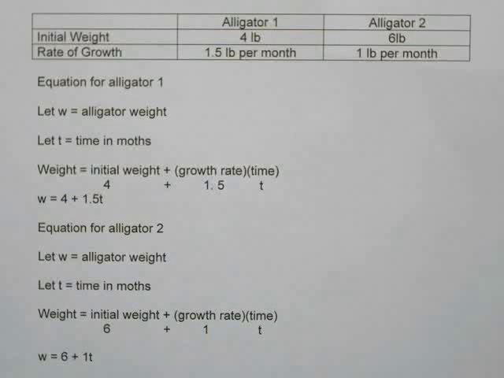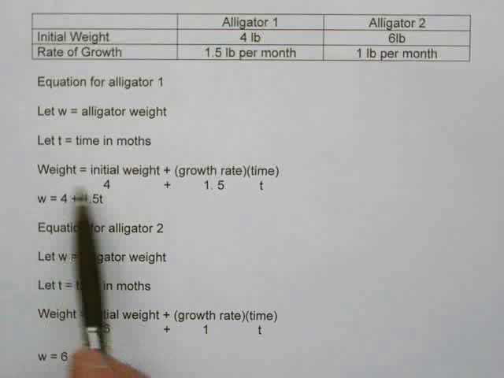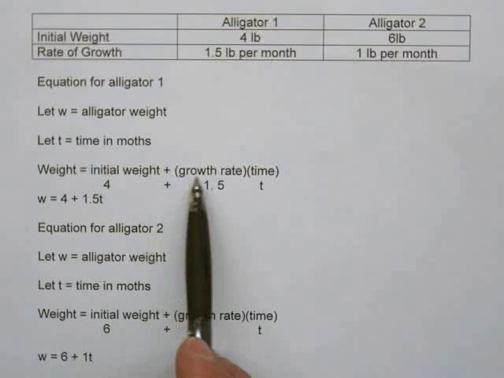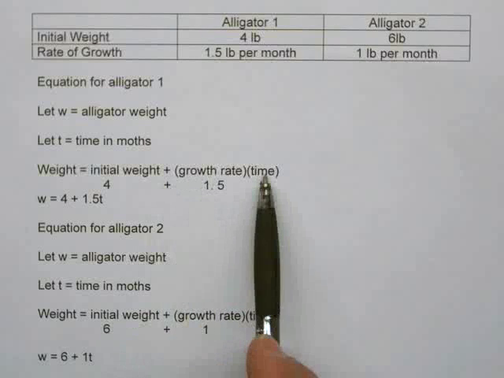For my first equation, for alligator 1, I said let W equal the alligator weight, and let T equal the time in months. Therefore, the weight of this alligator is going to be its initial weight plus its growth rate multiplied by time.